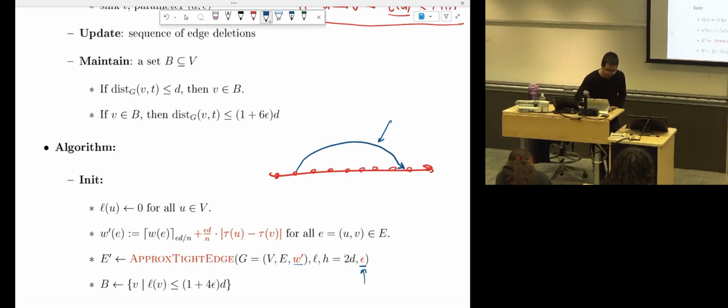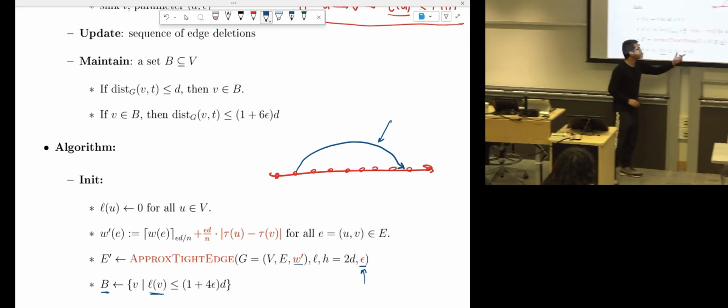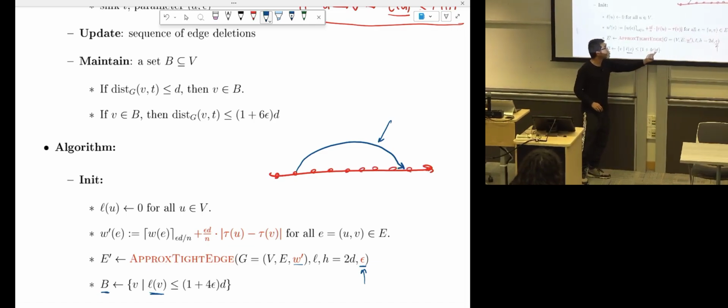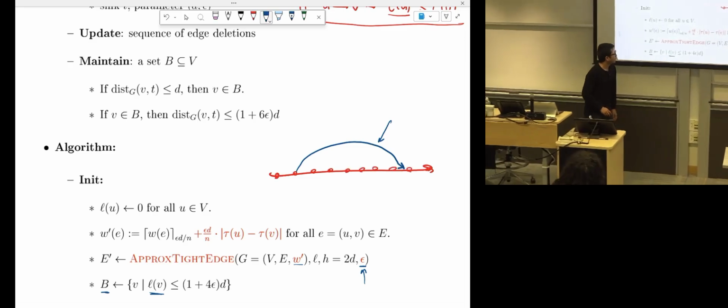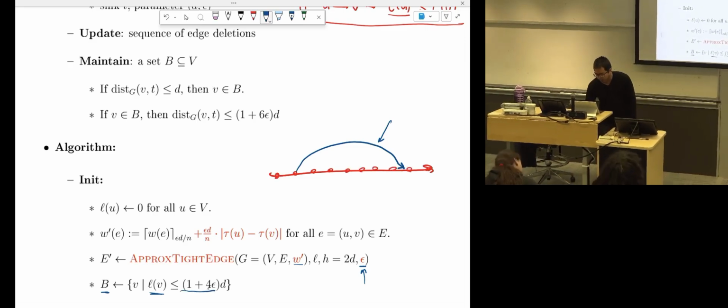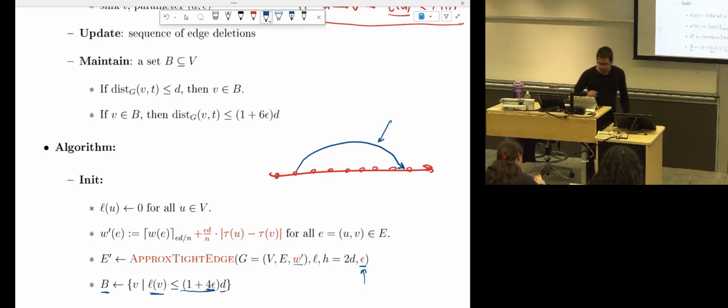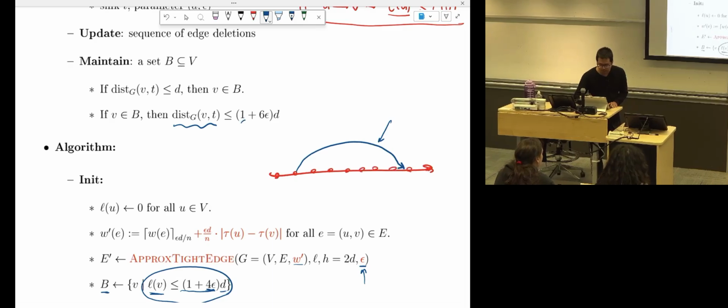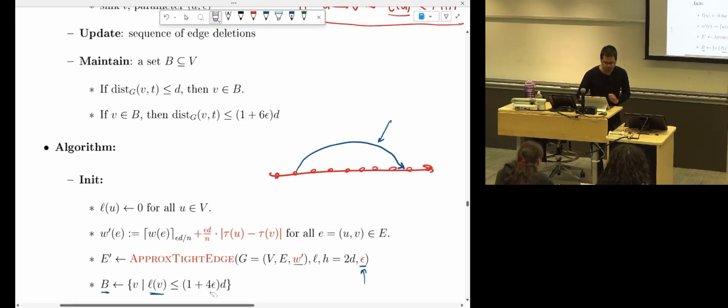And the set B is all nodes whose label is at most (1 plus 4 epsilon) d. But at the end, we will show that if the label is at most this, then the distance is at most (1 plus 6 epsilon) d. So there is some difference here.